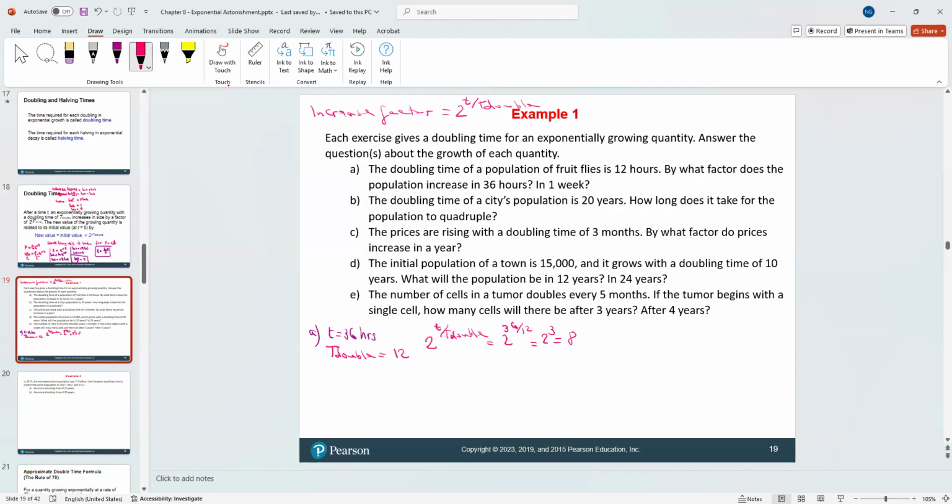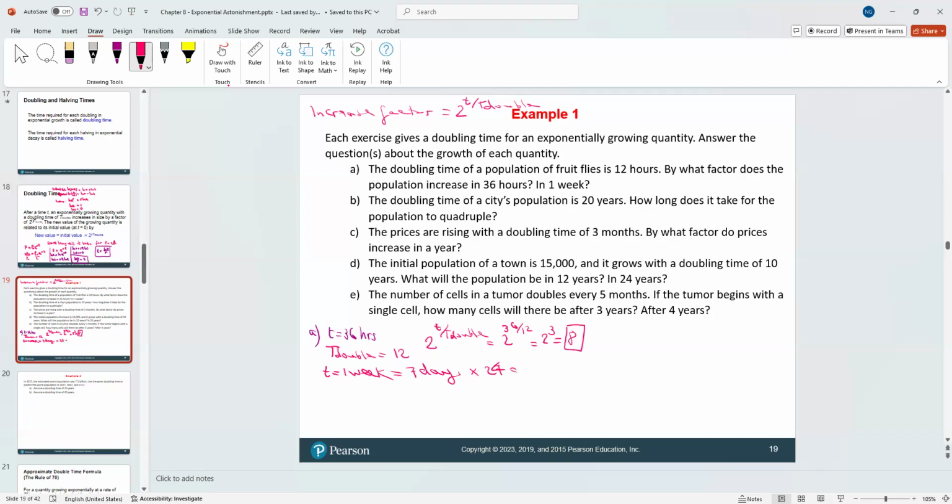So this is the factor, and that would be our first answer, for part A in hours. But they also said 1 week. Remember, we're working with hours, because you cannot divide by one unit and another. So small t equals 1 week, which is 7 days times 24 hours.